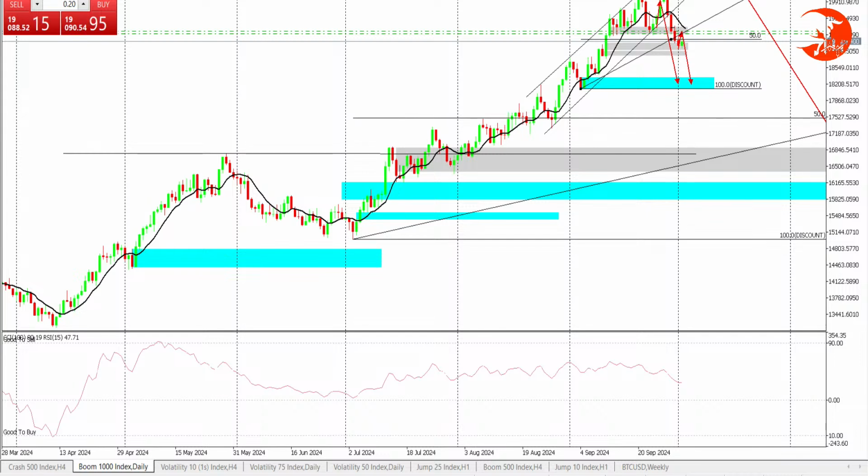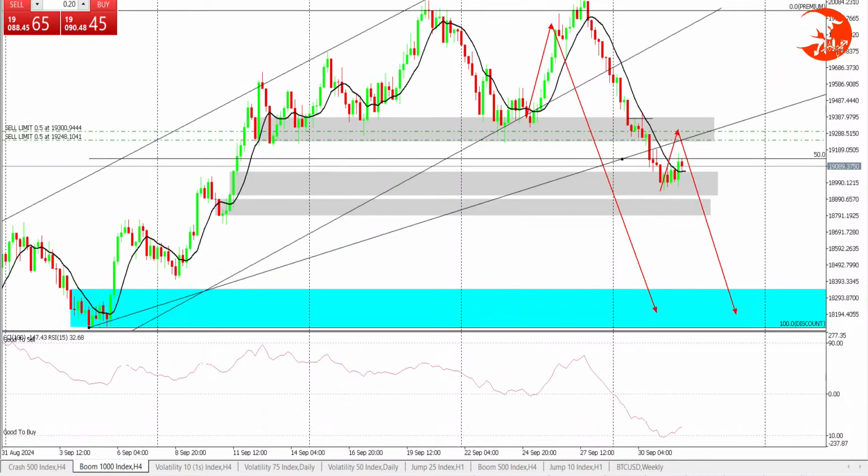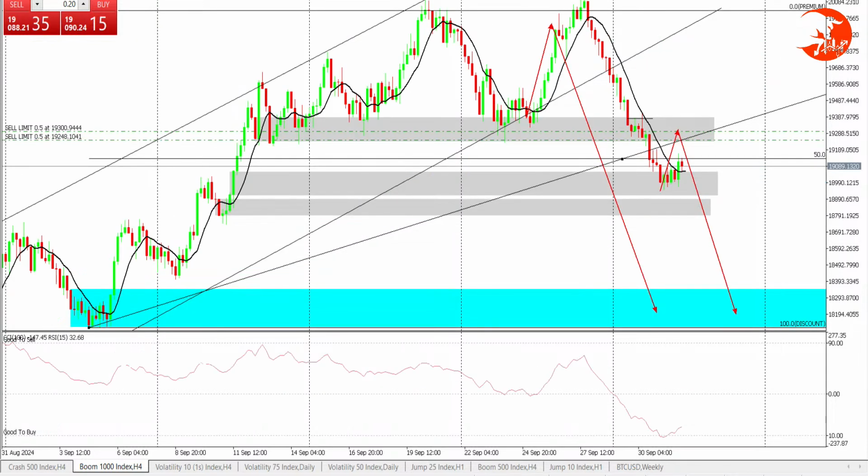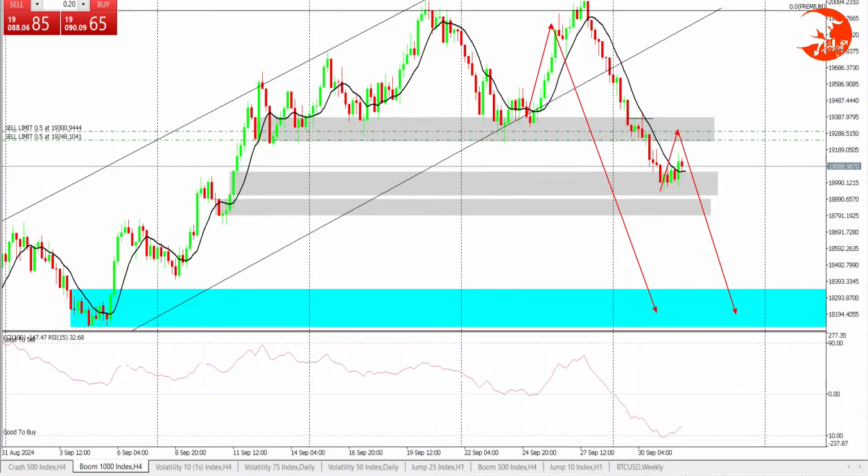So we are looking at price coming back to this level, and then giving us clean sales down to this level, which is a daily OB. It's a pullback to that level, then down to that OB of the daily.